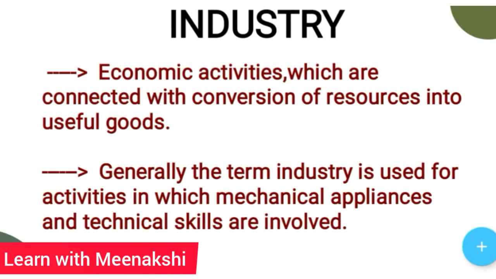So guys, what activities does an industry do? Yes, it converts resources into useful goods. It is an economic activity. Here we use various mechanical appliances and technical skills to produce a product.